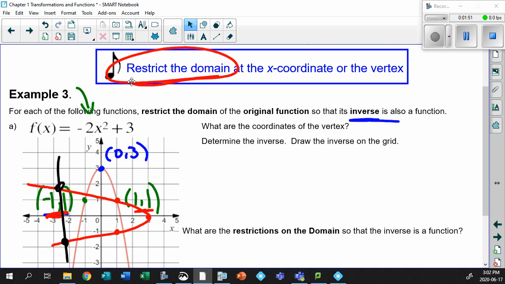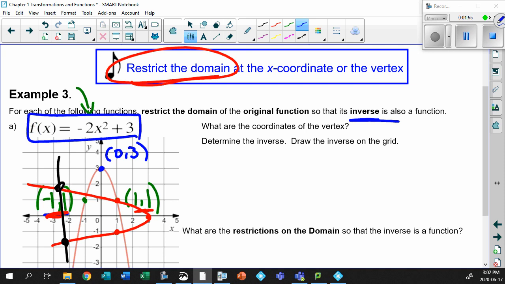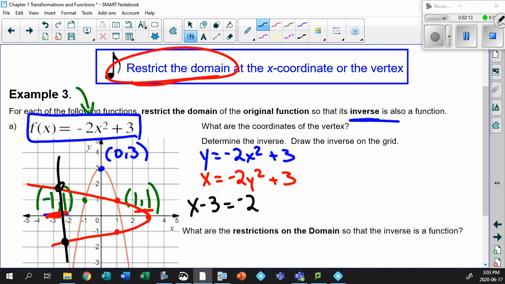Okay, real simple. Let's determine the inverse of this first. So we've got y equals -2x squared plus 3. You know and I know you have to reverse this. This becomes x equals -2y squared plus 3. Now, here's what we're going to do. Subtract the 3 from both sides. So you've got x minus 3 equals -2y squared.